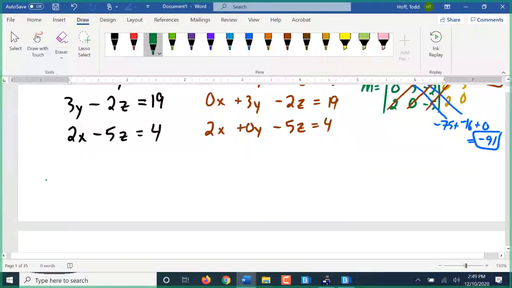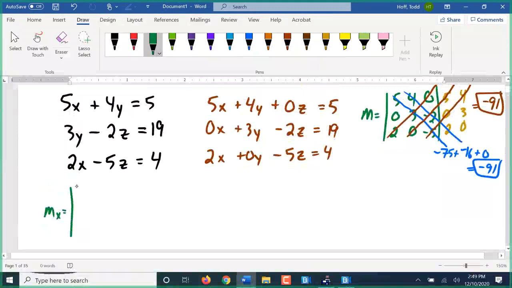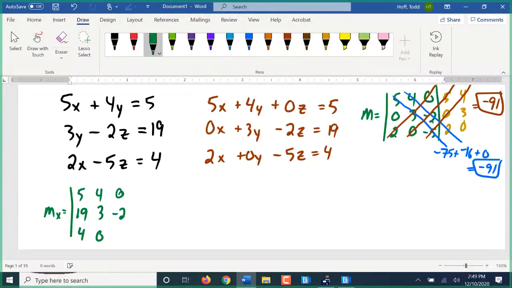So let's do the X matrix. We're going to do the constants, 5, 19, and 4. 4, 3, and 0. And 0, negative 2, and negative 5. We'll recopy the first two columns.